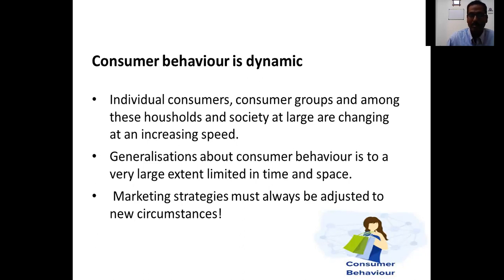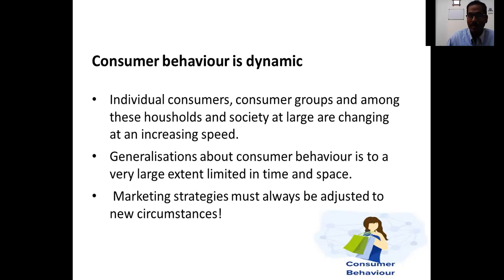You cannot just generalize, saying this is what they like, this is what they don't like. As a business, they need to be very specific when looking at the needs and wants of the customers. So marketing strategy must always be adjusted to new circumstances. The strategy we have discussed is something we plan for a long time beforehand, and it is usually a long-term plan.